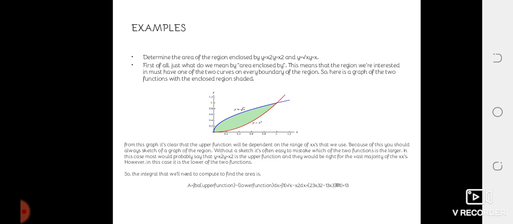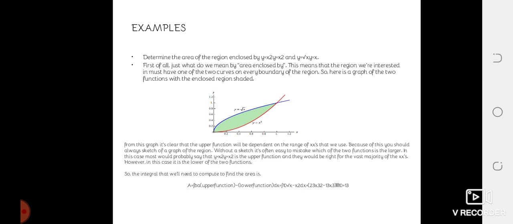In this case, most would probably say that y equals x squared is the upper function, and they would be right for the vast majority of the x-axis. However, in this case, it is the lower of the two functions.